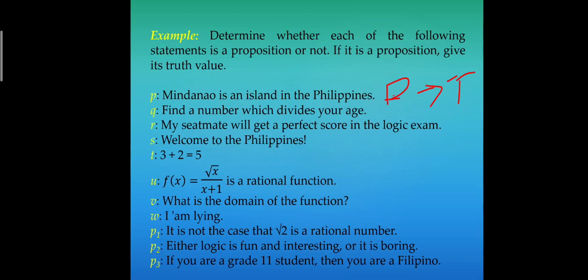Why? Because there are also grade 11 students of other nationalities. It does not necessarily follow that all grade 11 students are all Filipinos. We cannot generalize that all grade 11 students are Filipino. So in that sense, it is a false proposition.